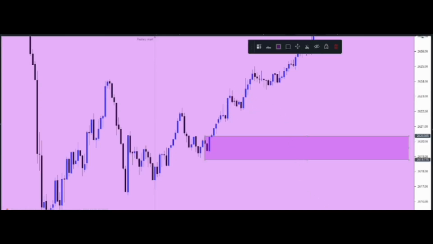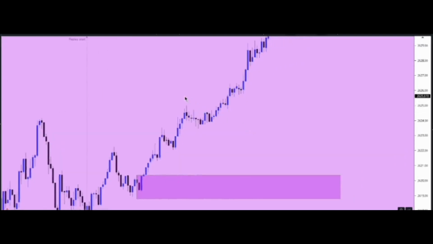This one, is it mitigated? Let's see. This one is already mitigated. How about this one? It's already mitigated, so we can't use that. So let's continue to see about this. Is this mitigated? Yes, it's already mitigated.